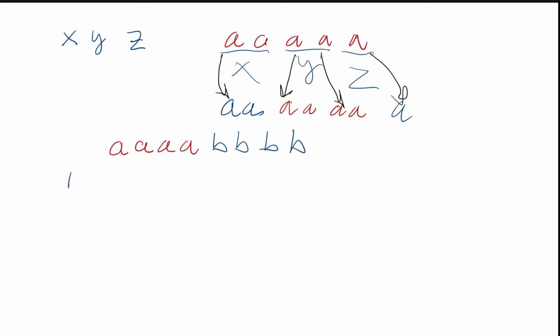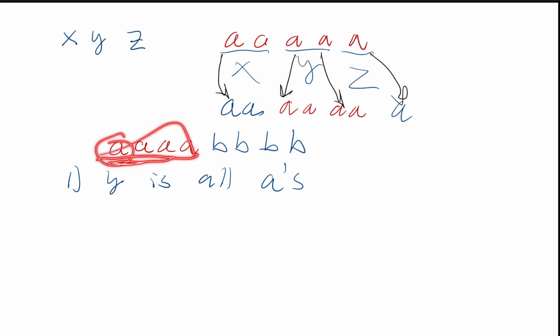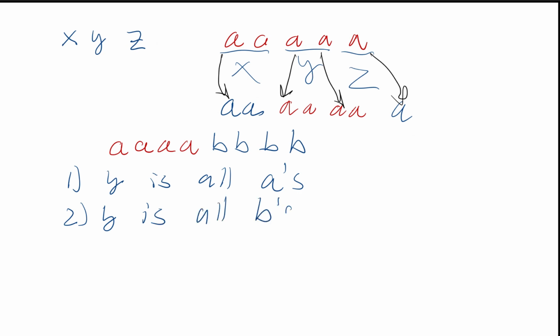The first choice is that Y is all A's. Okay, so that means it's either one of these A's or all of the A's, but something that just has A's in it. The other choice is Y is all B's.